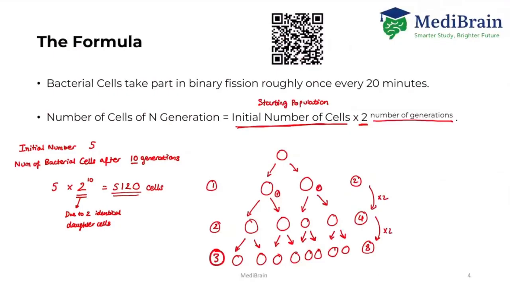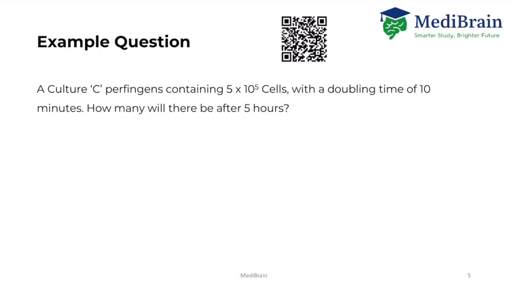So that's how you use the formula. You have your initial number of cells, your starting population, you then multiply by 2 to the power of the number of generations. Okay, so we have a question over here. You could also be given a question like this.